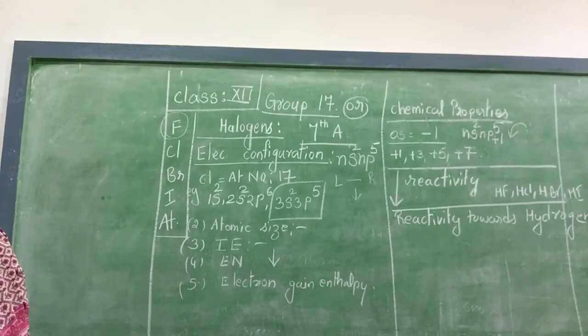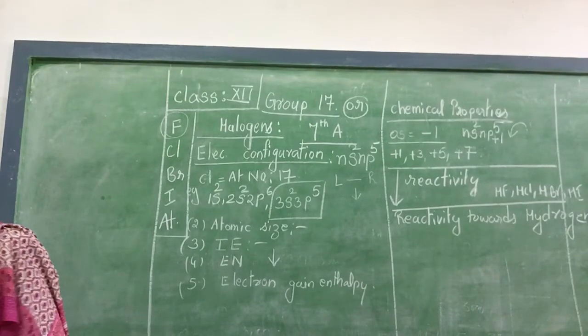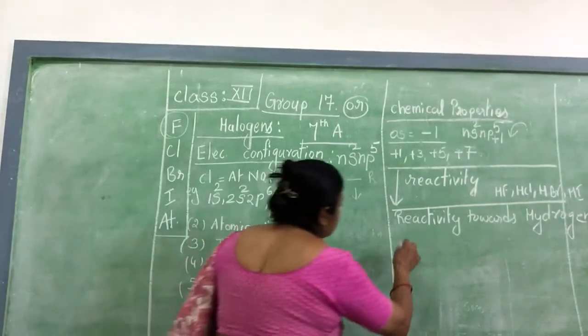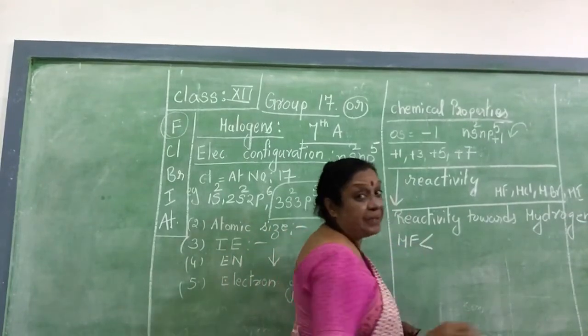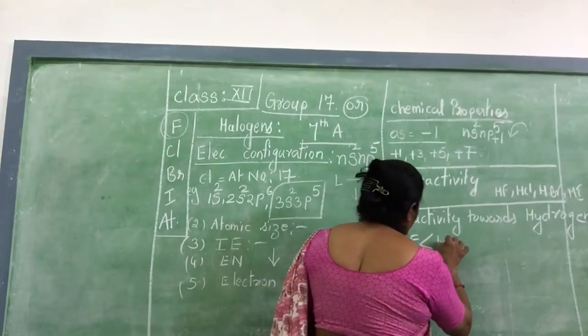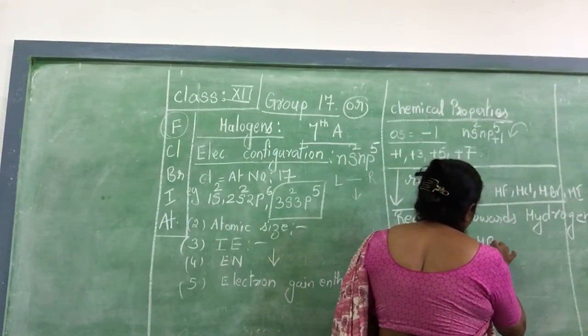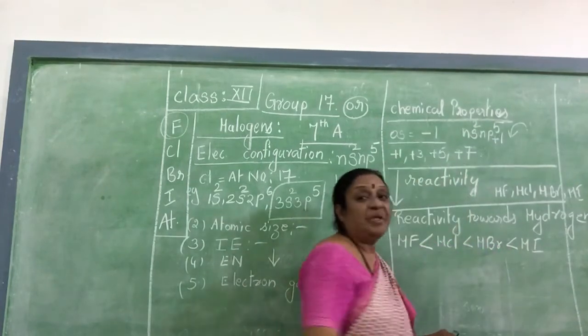Now some properties of the hydrogen halides. First point is acidic strength. Acidic strength increases down the family. HF is less acidic than HCl, less acidic than HBr, less acidic than HI.